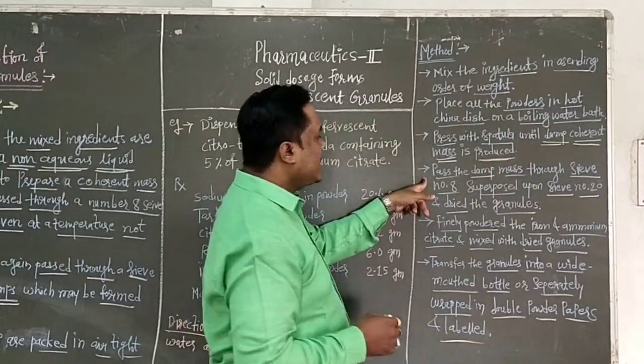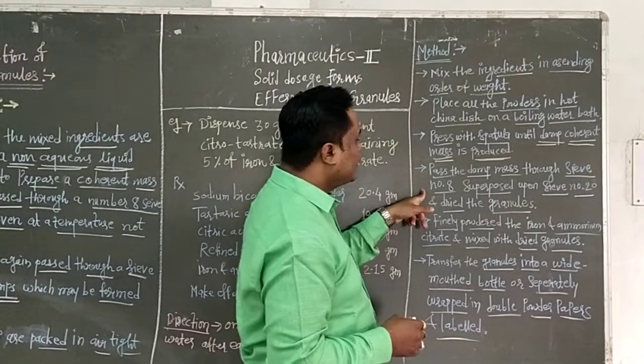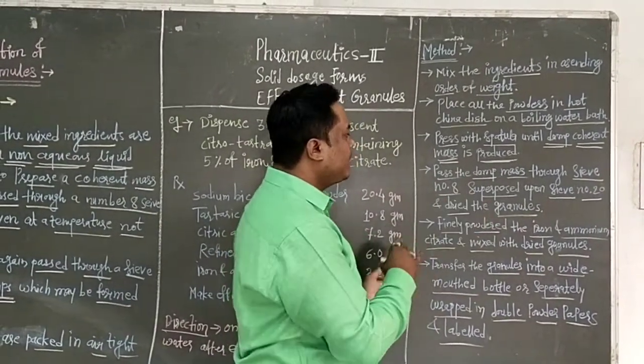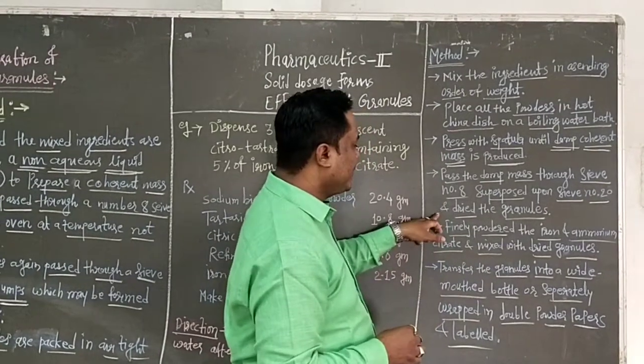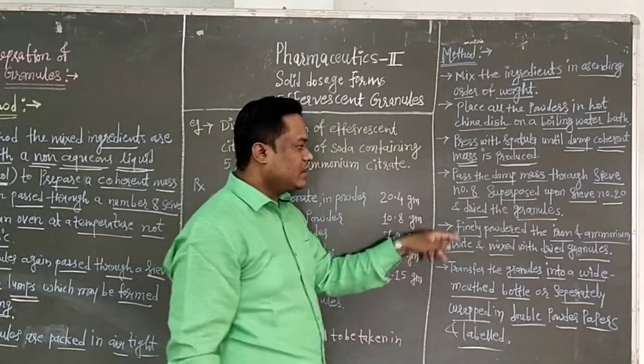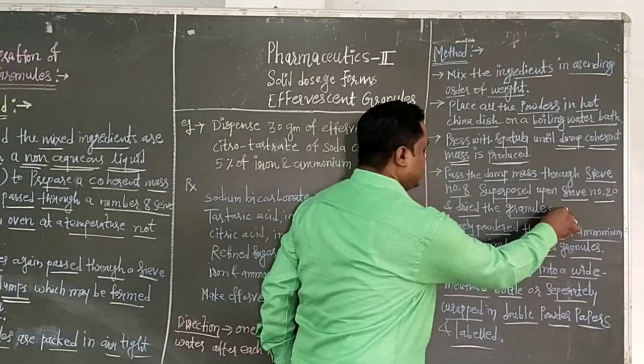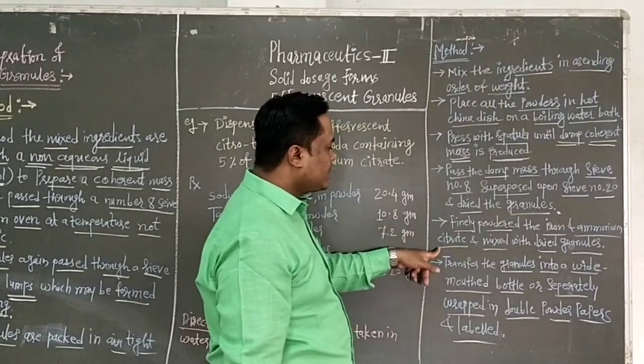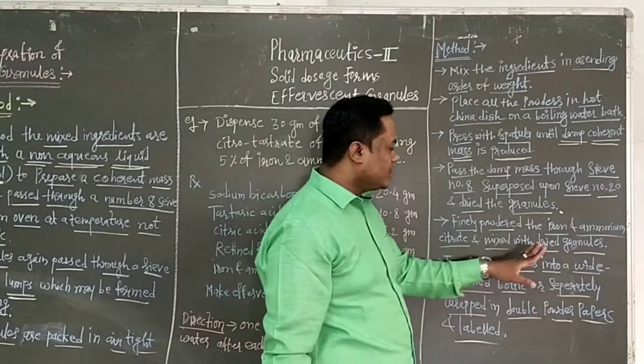Then this damp mass is passed through a sieve number 8, then superposed, meaning overlapped, upon sieve number 20, and the granules are dried. Then finely powder the iron and ammonium citrate and mix it with the dried granules.